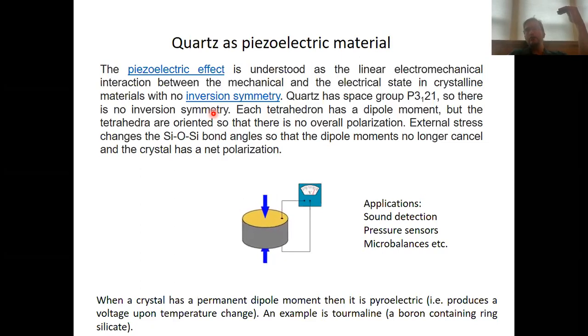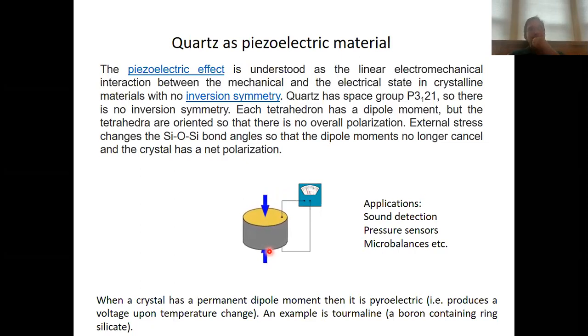So you have actually a dipole moment across a macroscopic crystal, and that means that there's a potential building up along opposite crystal faces, and that potential can simply be measured with a voltmeter, right? So as you actually press on your crystal, two opposite faces of the crystal will show a different potential that you can measure.